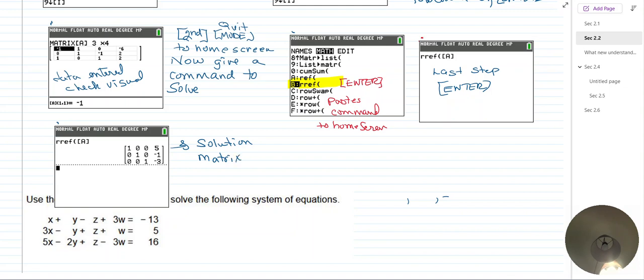So here we have x equals 5, y equals -1, and z equals -3, which is what we did by hand.